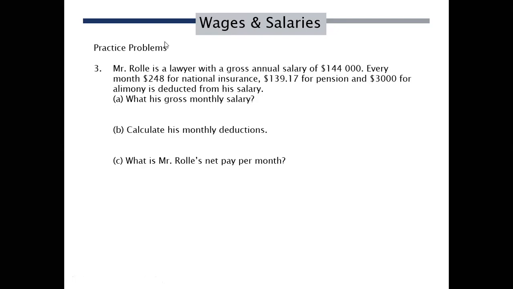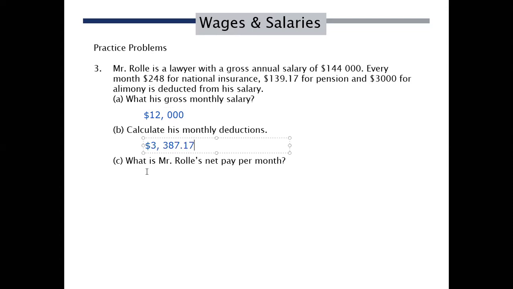When you calculated, you should have found that his gross monthly salary was $12,000. Calculate his monthly deductions, and that's all of those things that are deducted, added together. Every month, he pays a total of $3,387.17 in deductions.